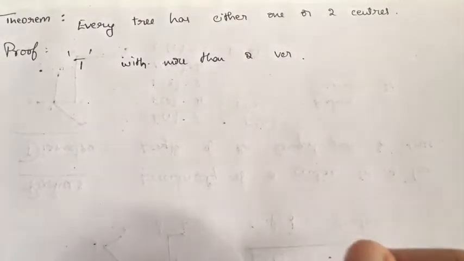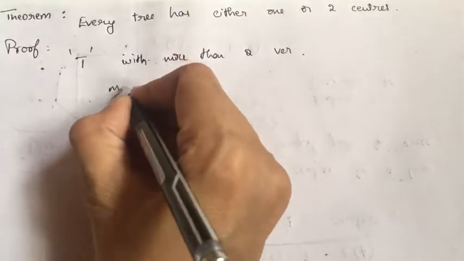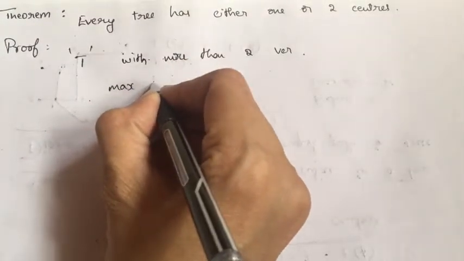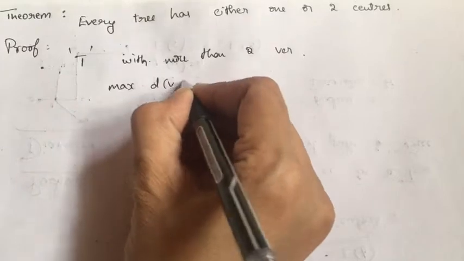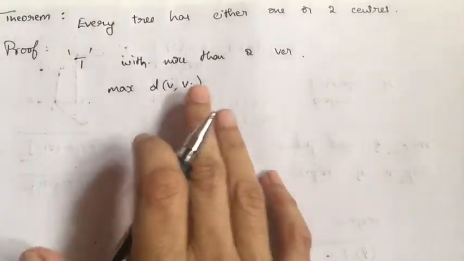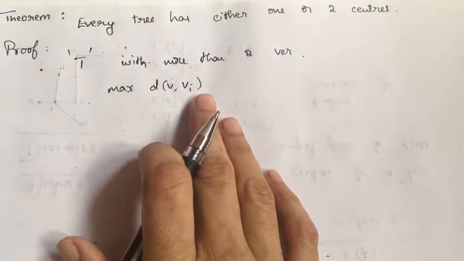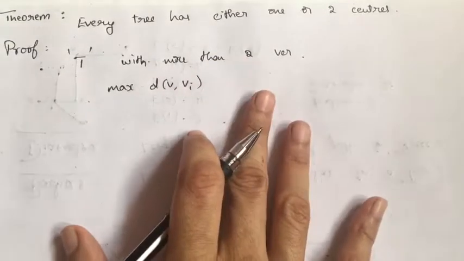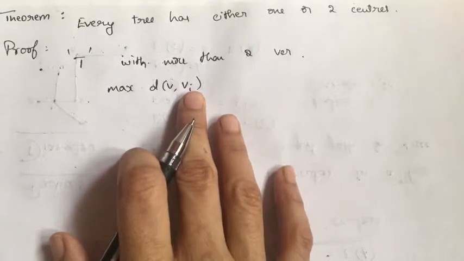We know one thing: the maximum distance d(v, vi) from a given vertex v to any other vertex vi occurs only when vi is a pendant vertex.